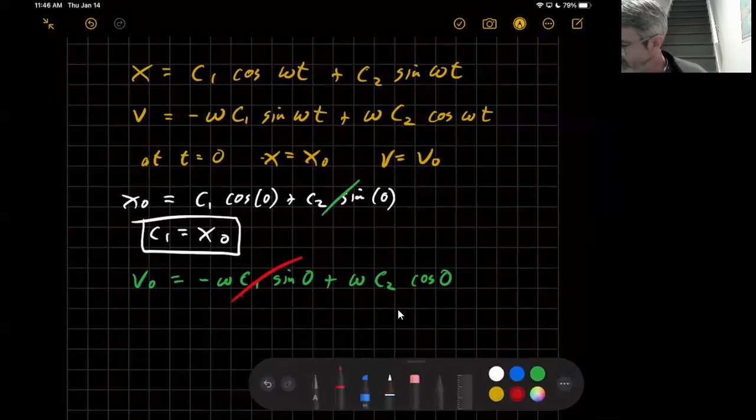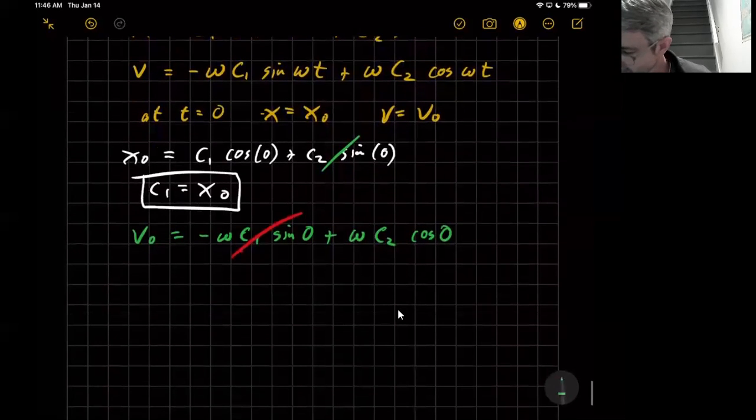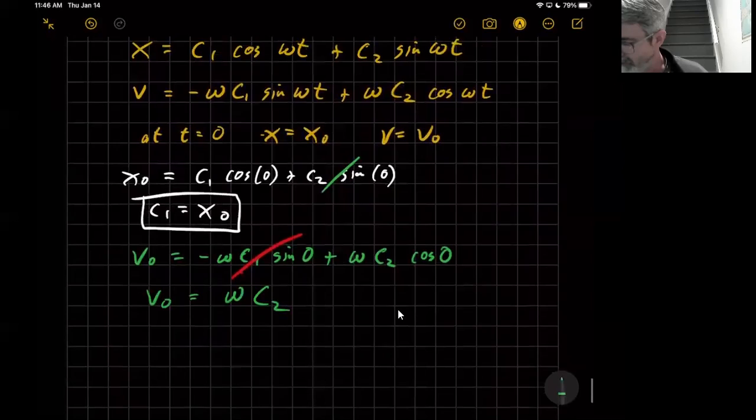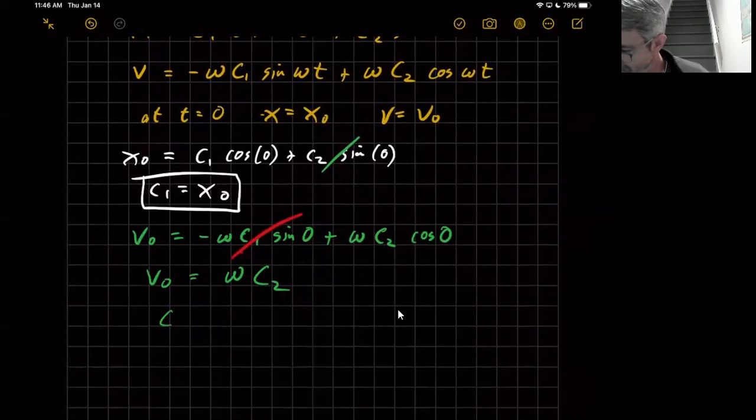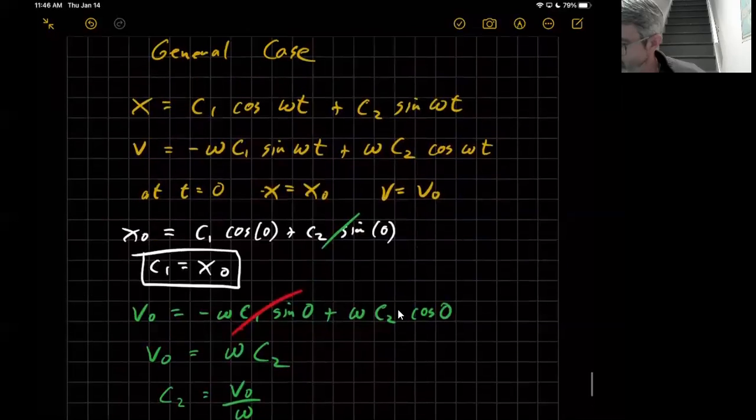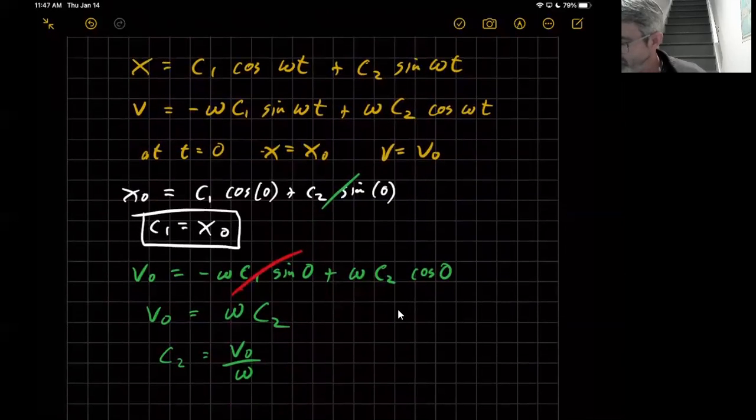So what happens here? v naught equals omega C2. So C2 needs to equal v naught divided by omega. Let me just make sure I got this correct. Yes, when we take the derivative, that is what happens. So C2 has to equal v naught over omega.